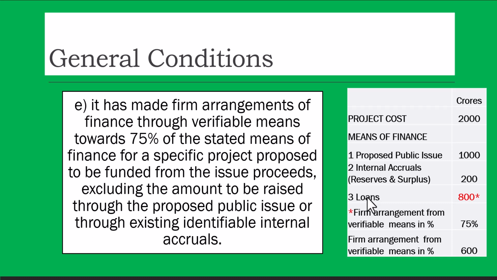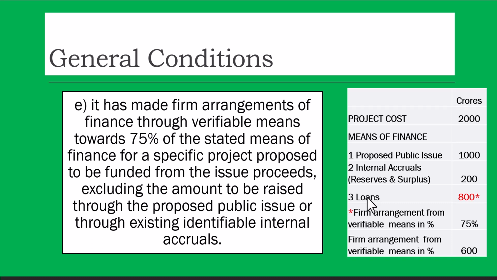They have to get a tie-up with a bank or with a lender, and the lender should issue a letter to the company that they are going to lend this money, either the whole of it or at least 75% of it. Sometimes companies go for an issue and they have not made any arrangements for loans. And sometimes the lenders can shy away from paying loans to the company, which means the company is not able to raise the entire amount.